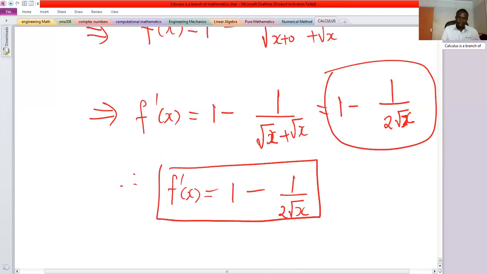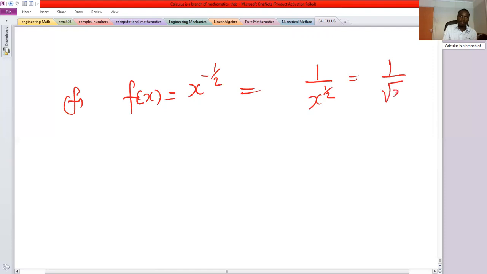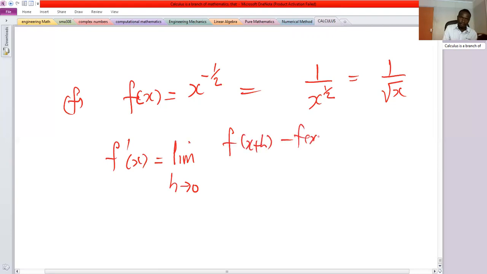Now lastly, f of x is given by x raised to minus a half, which is the same as saying 1 over x power a half, or 1 over square root of x. So f prime of x is the limit as h approaches 0, by definition.